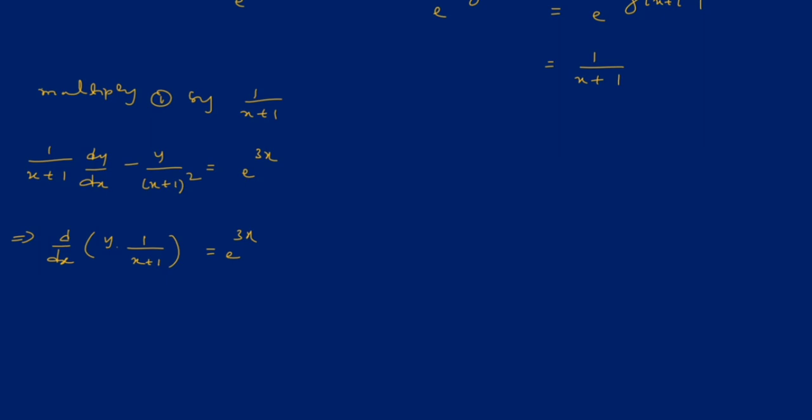So now integrating, on the left d by dx gets cancelled, since integration and differentiation are inverse processes. In the RHS, integration of e to the power of 3x dx plus c.